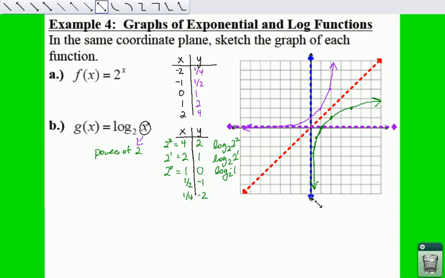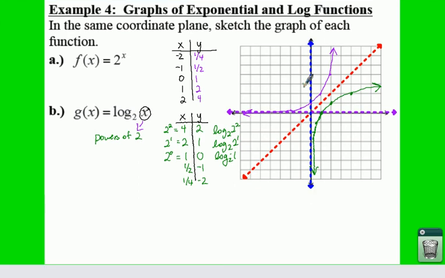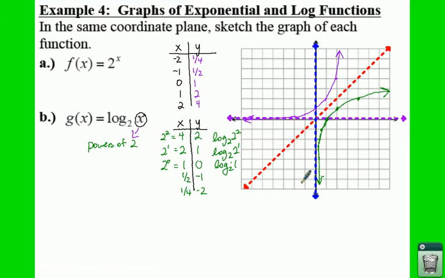So when you label your asymptotes for your log function, your graph never crosses the y-axis, and it keeps going along there. So they have some similar characteristics, but each has an asymptote, and they go through either your x-axis or your y-axis.